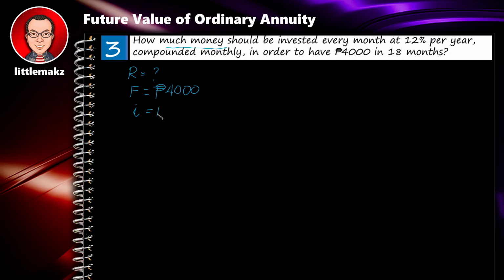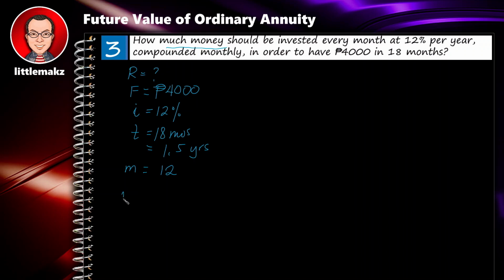The interest rate is 12%. Time is given as 18 months, or this is simply equal to 1.5 years. M is equal to 12 since our compounding period is monthly.